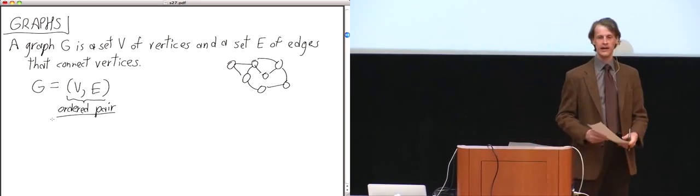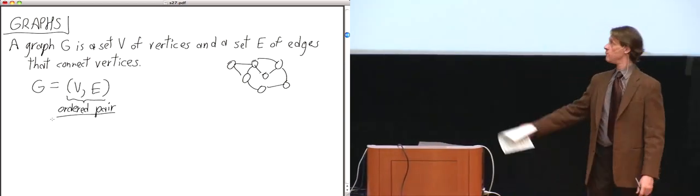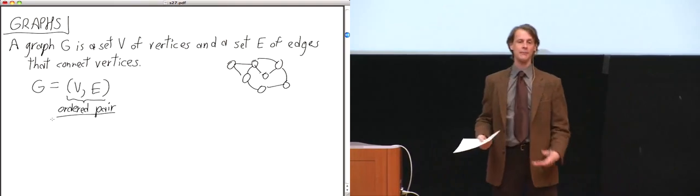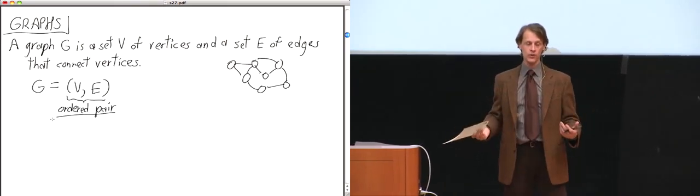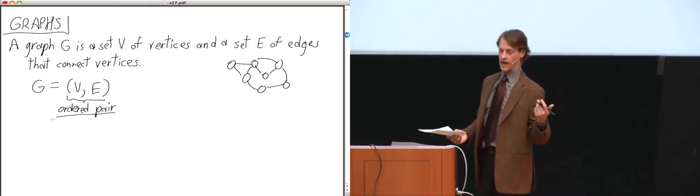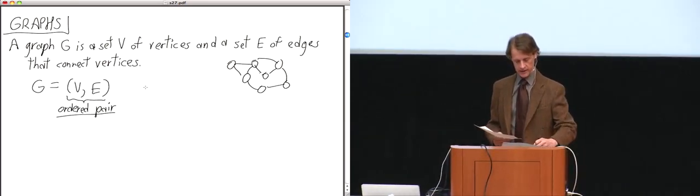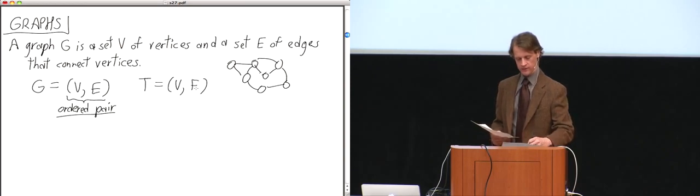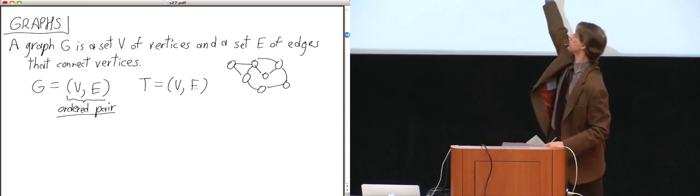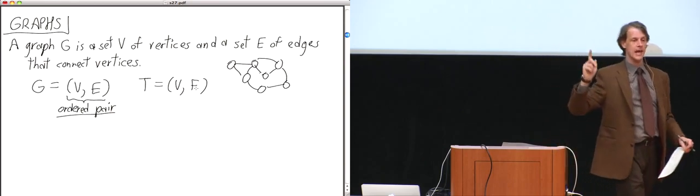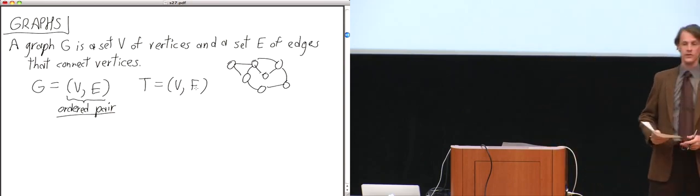Mathematicians just love extraneous rigor sometimes, but this notation just happens to be convenient when you have 2 different graphs that have, for instance, the same vertices. So you could talk about the spanning tree of a graph being some other ordered pair VF, and you notice that the vertices of the 2 graphs are the same. That's where that can be useful.